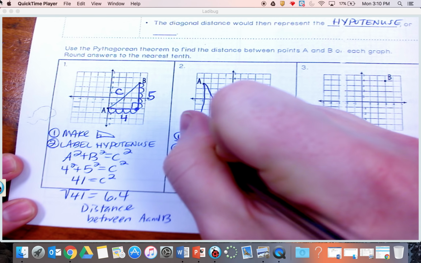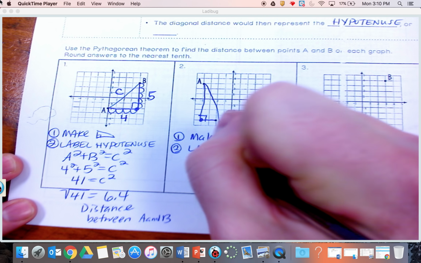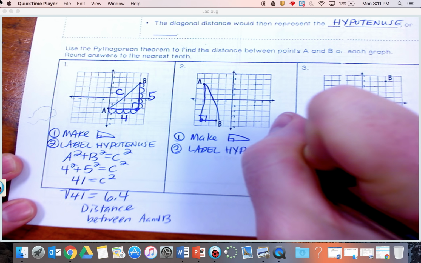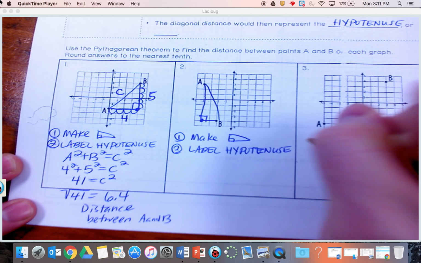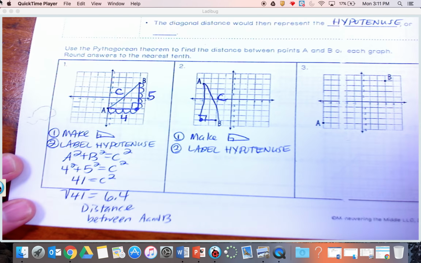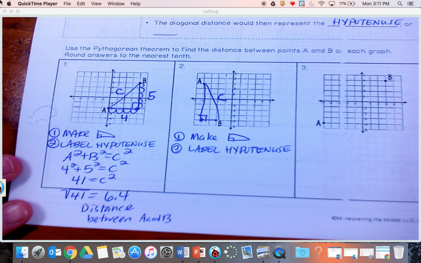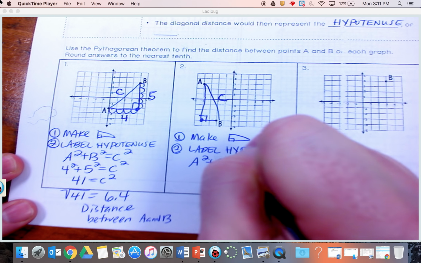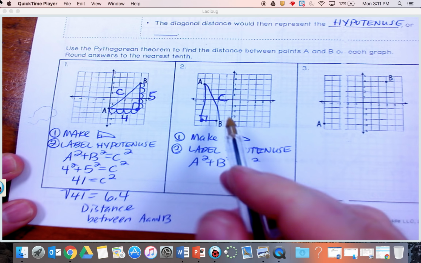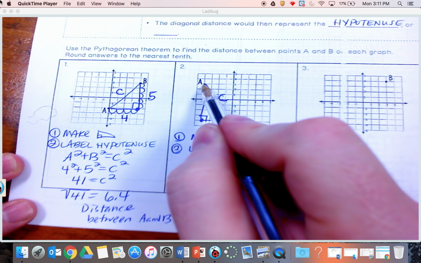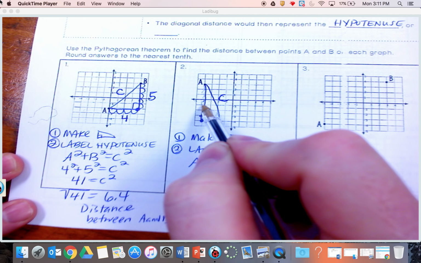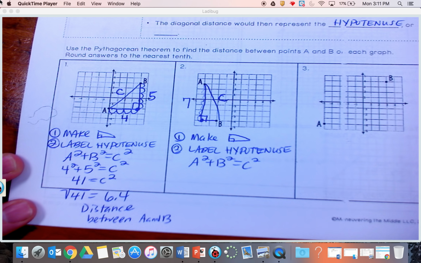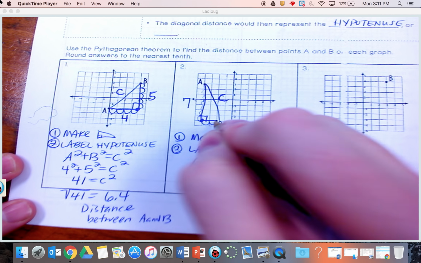Number 2, I'm going to label the hypotenuse. It's right here. It's the longest side. And then I'm just going to solve my equation. A squared plus B squared equals C squared. Count up how many I have. Well, I've got this side to be 1, 2, 3, 4, 5, 6, 7. I have this side here to be 1, 2.